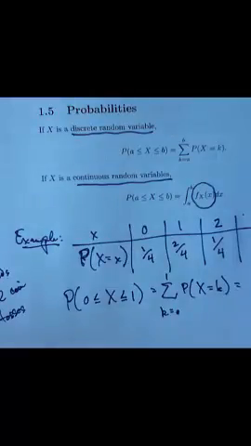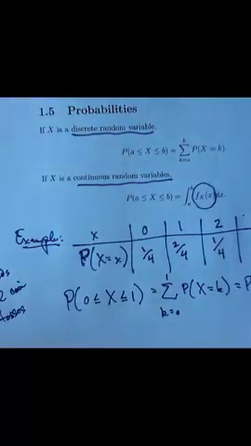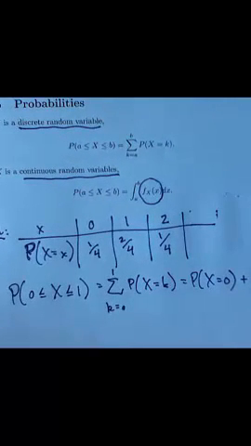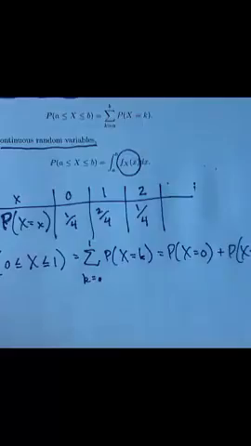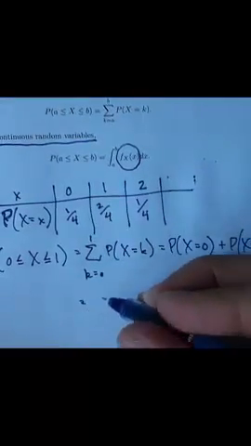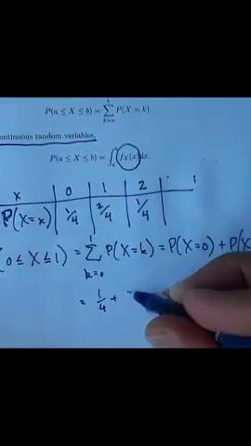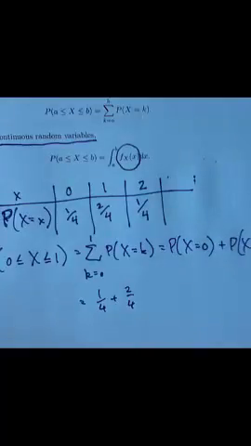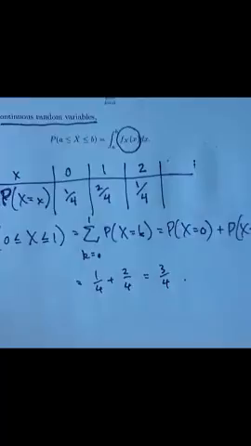Well, in this case, that's just going to be the probability that x equals 0 plus the probability that x equals 1. Okay, pretty easy, right? That's 1/4 plus 2/4, 3/4. See how simple that is?